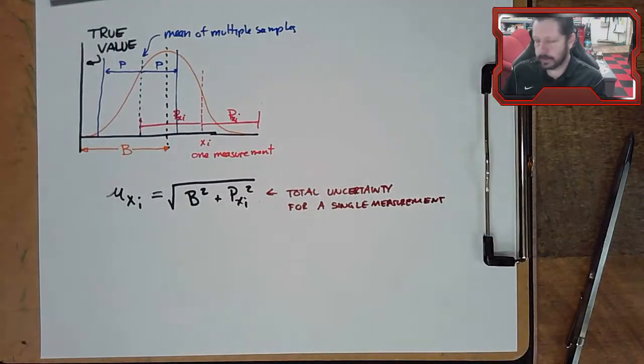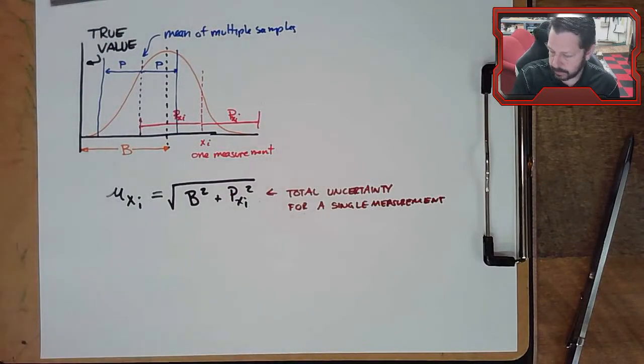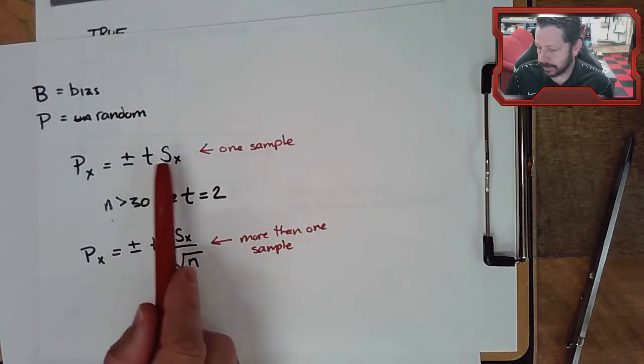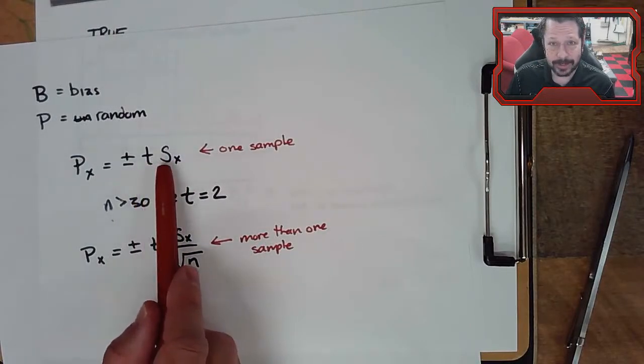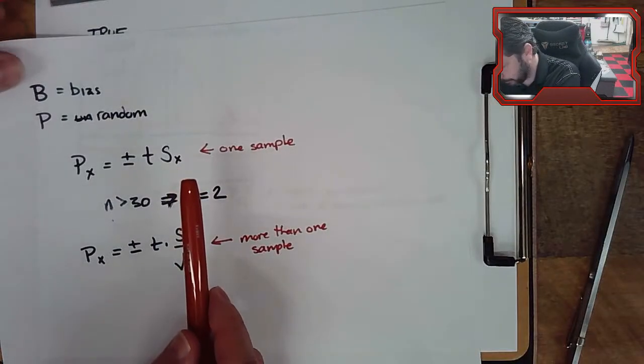Whether you took a whole bunch of measurements and you're interested in the uncertainty around an individual one in that group, or you only took one. If you only took one, then this probability does include t and s, so you have to have some way to get those numbers, maybe from a prior data set.